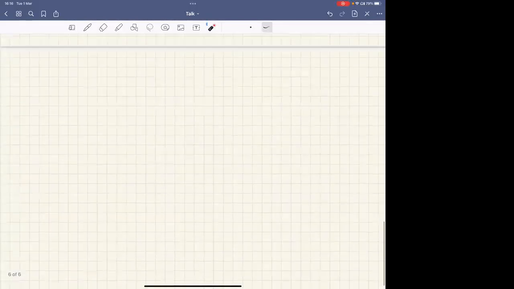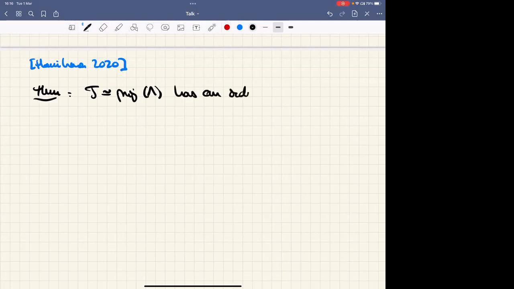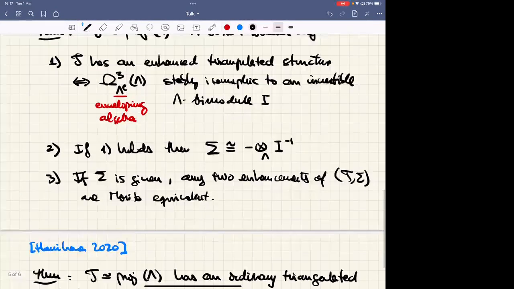And we should comment also on a result of Hanihara, which was published about the same time, which says that under the same circumstances, this has an ordinary triangulated structure, not enhanced, if and only if the condition above holds.